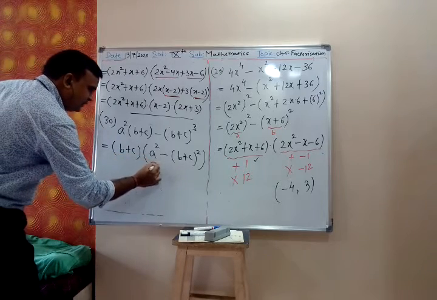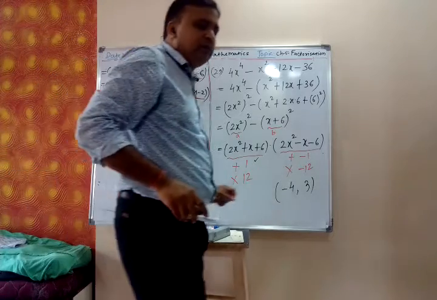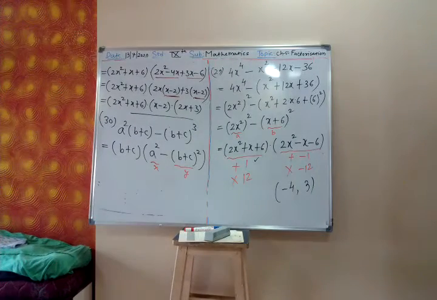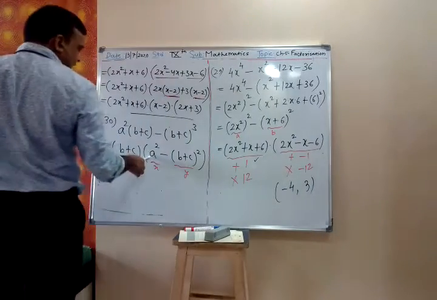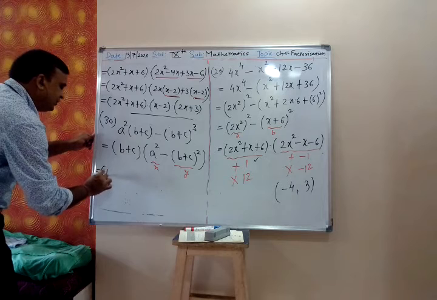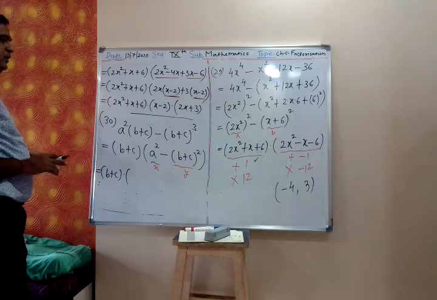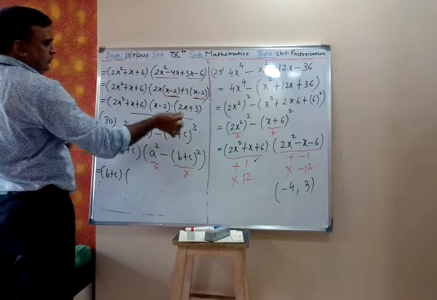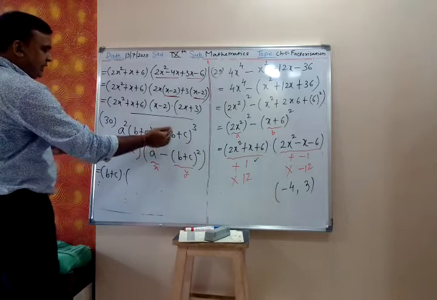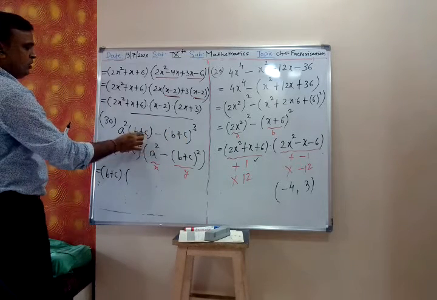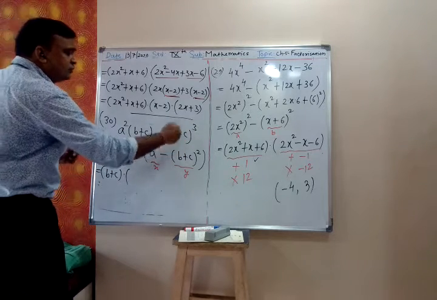Now this is of the type x square minus y square. So b plus c is common. Then b plus c cube: from this b plus c cube, one b plus c I have taken common, so when one b plus c is taken outside, inside it will be b plus c square.